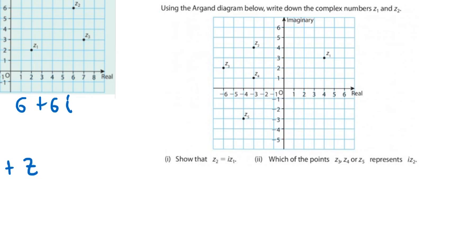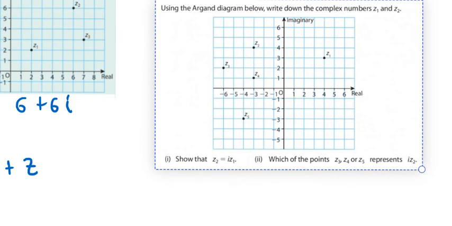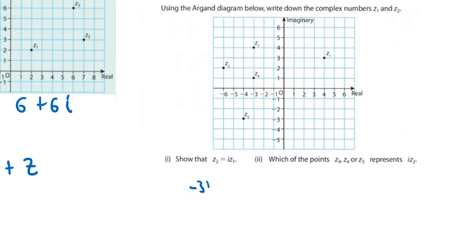Right, z2 on the graph is here. If we write down what z2 is, it's minus 3 plus 4i. That has to equal i multiplied by z1, and we know that z1 is 4 plus 3i.